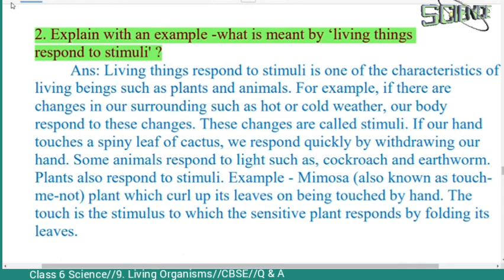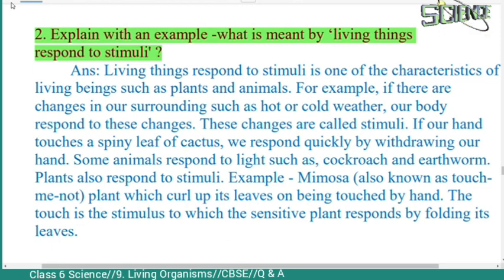It means it is one of the characteristics of a living being such as plants and animals. Plants also respond to stimuli.